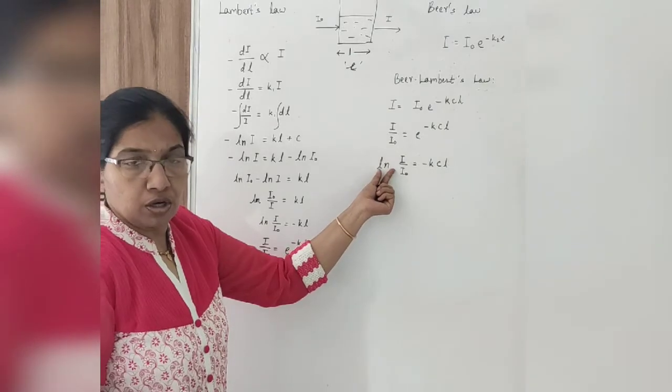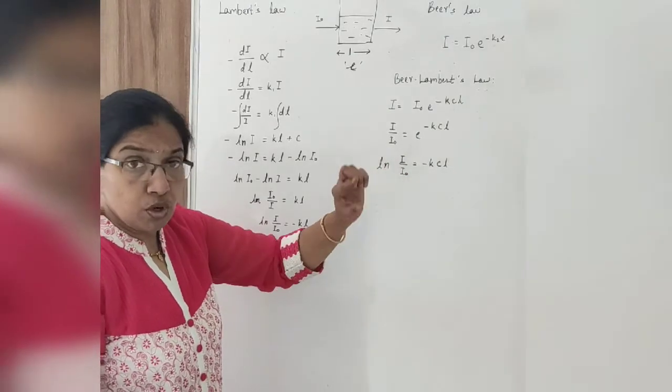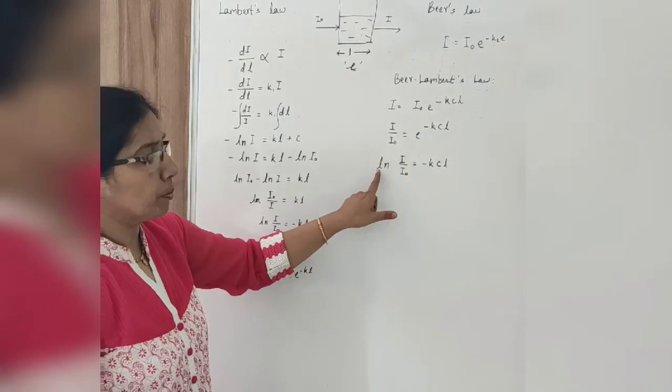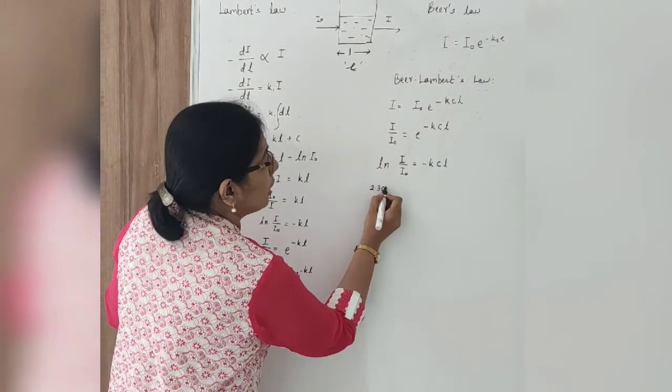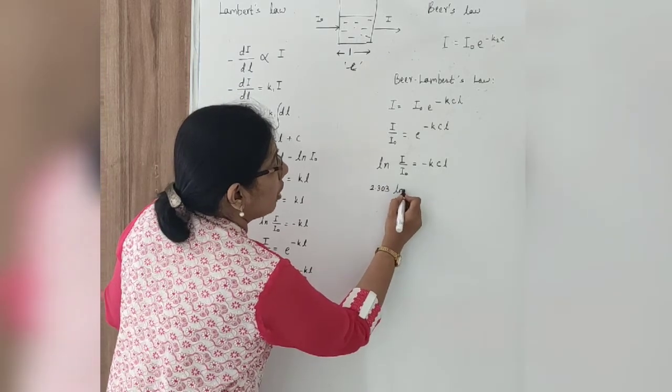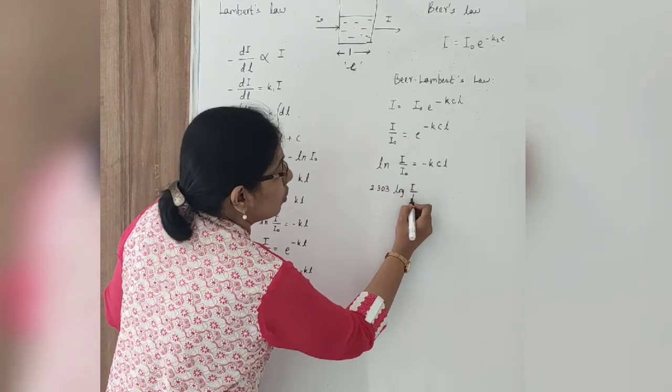To convert the natural log to base 10, we multiply by 2.303. We can write 2.303 log of I upon I0.